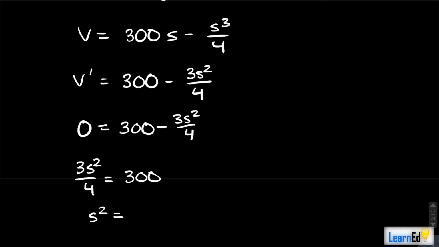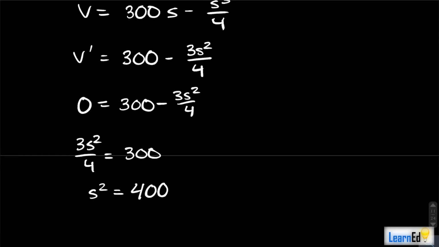We divide 1200 by 3, and we get 400. So s is technically plus or minus 20, but it's not going to be a negative distance, it's going to be a positive distance, because a negative distance wouldn't make sense. So we get that our side length is 20.